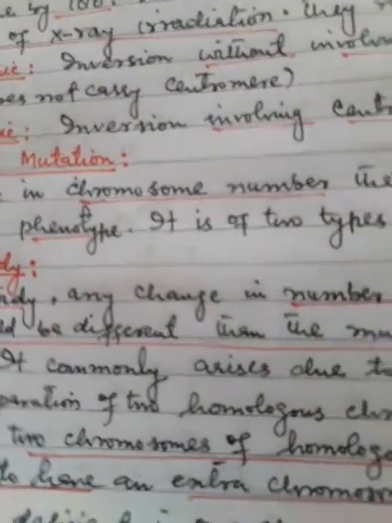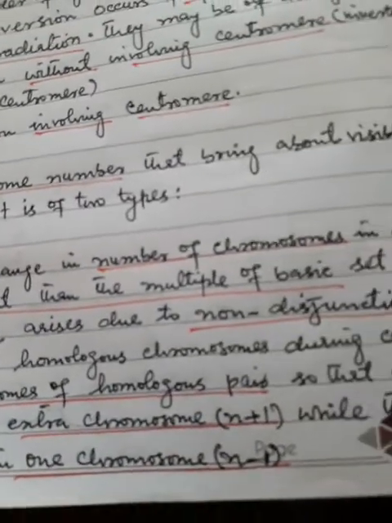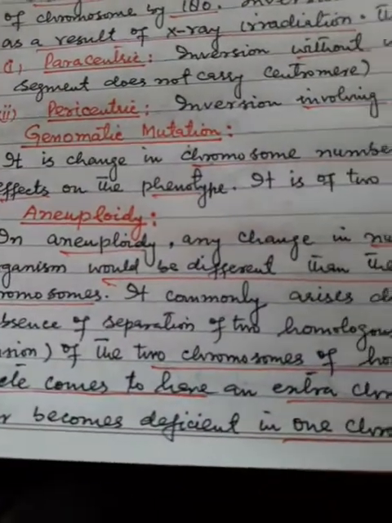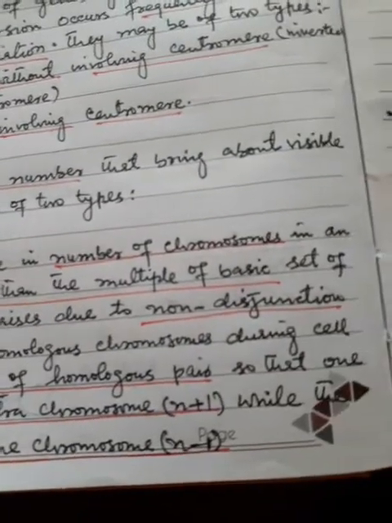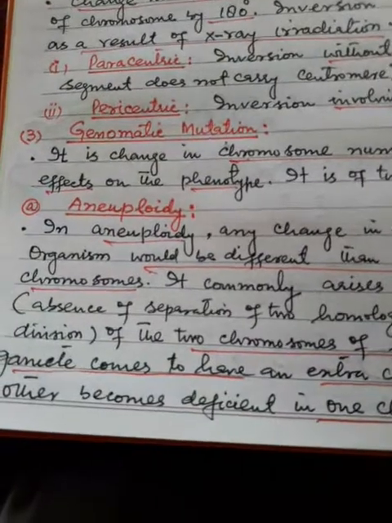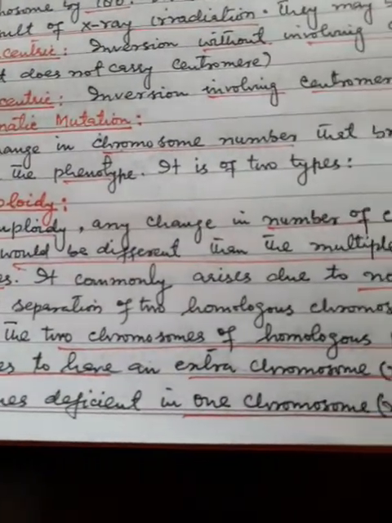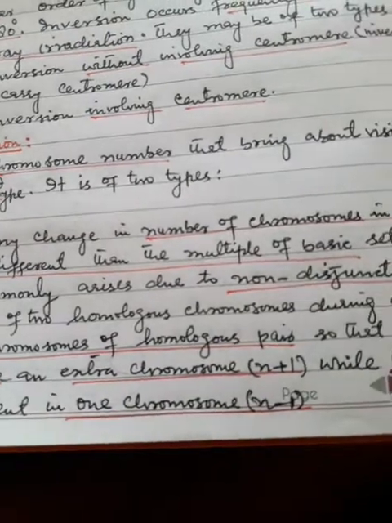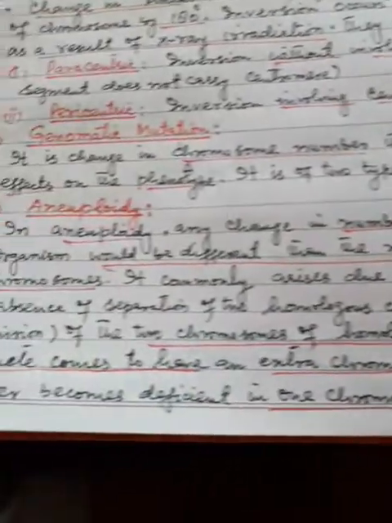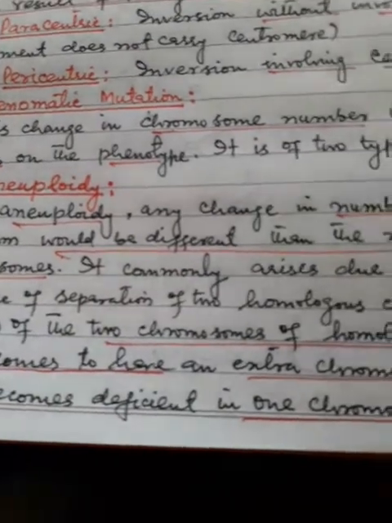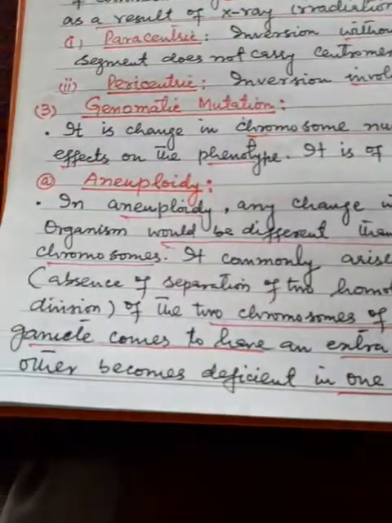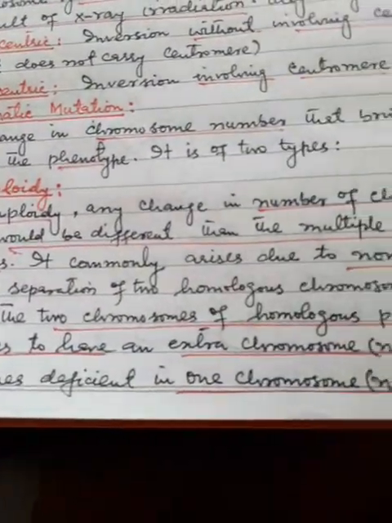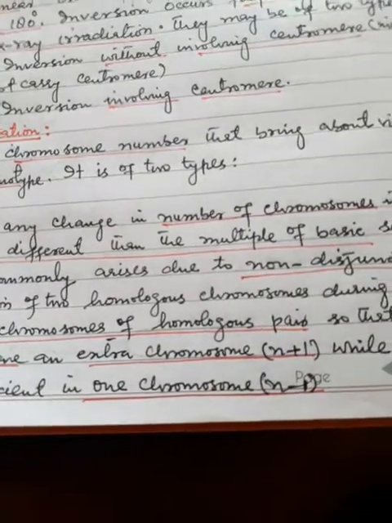It commonly arises due to non-disjunction, that is absence of separation of two homologous chromosomes during cell division, so that one gamete comes to have an extra chromosome, n plus 1, while the other becomes deficient in one chromosome, that is n minus 1.